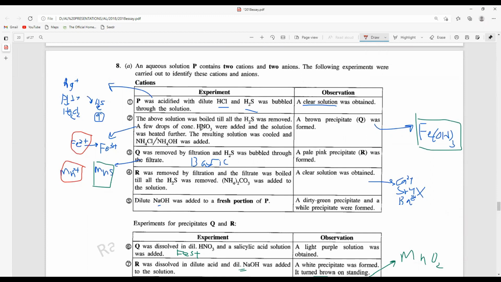The other thing is, if you did not remove this H2S here, and the solution already contains some amount of Fe3 plus, this Fe3 plus can be reduced to Fe2 plus, while this S2 minus can oxidize to either sulfur or sulfite or sulfate, we don't know. So there is another interference. You can write one of the two, that is your wish.